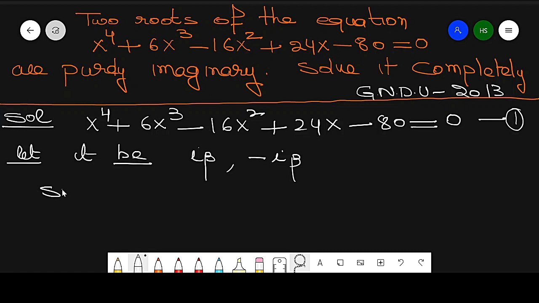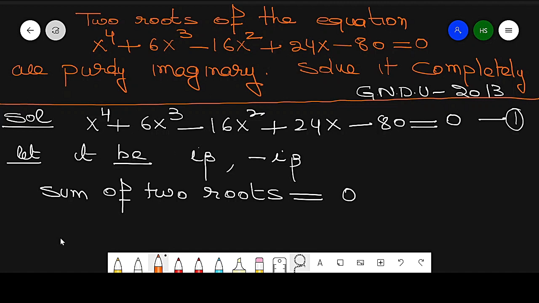So what is the sum of the two roots? The sum of the two roots is basically 0. That's all.